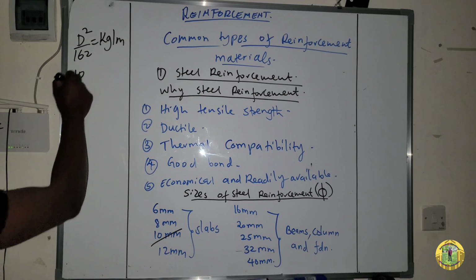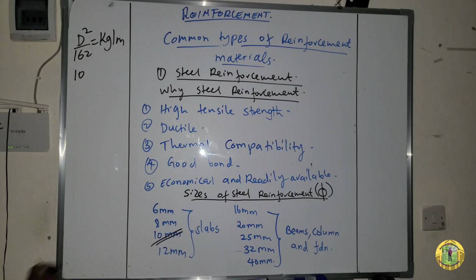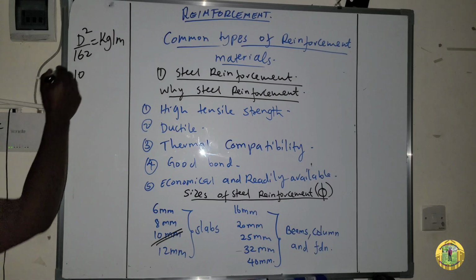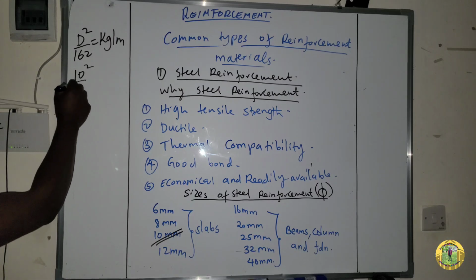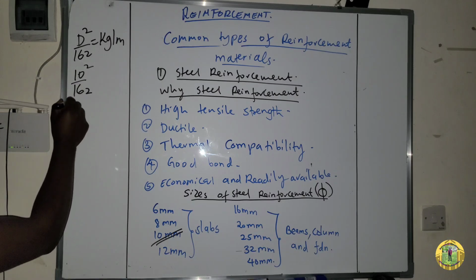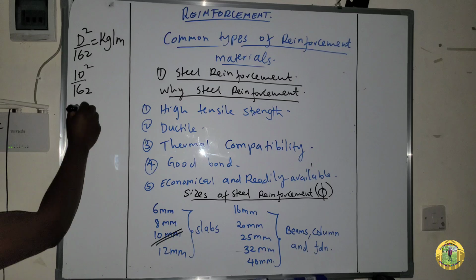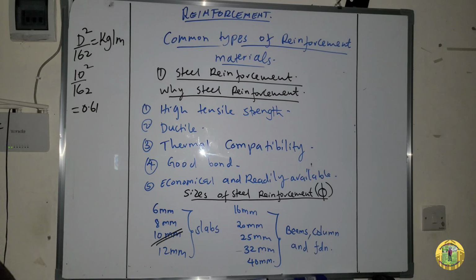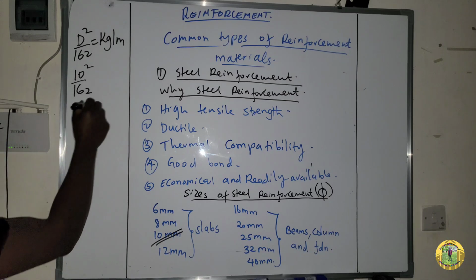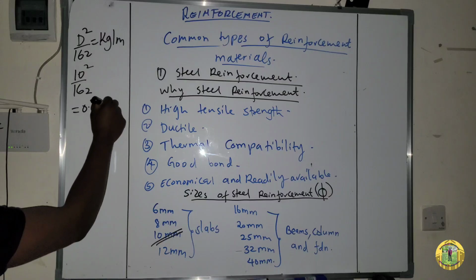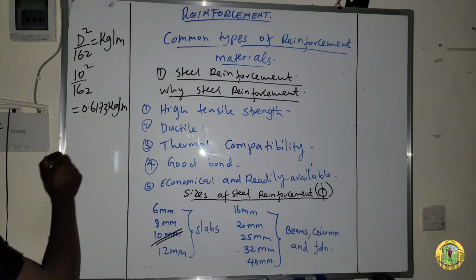For example, for a 10 millimeter diameter, it will be 10 squared over 162, which is equal to 0.6173 kilogram per meter.